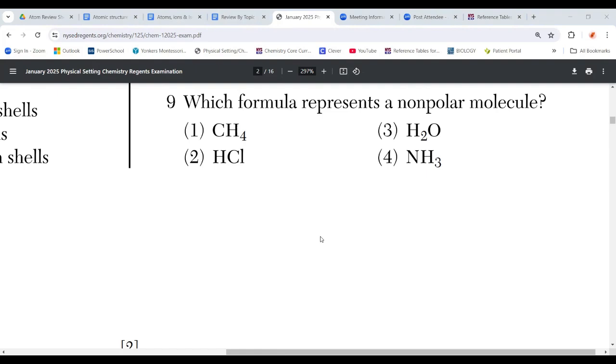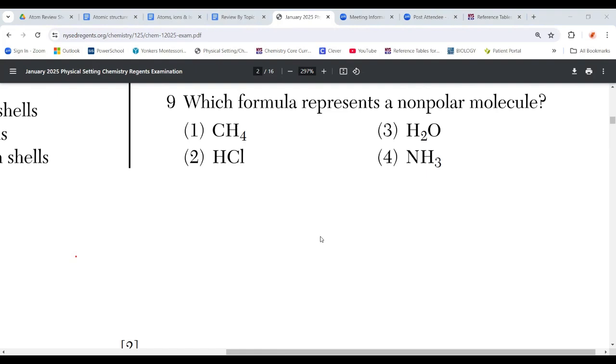One is a rough definition of polar and nonpolar, and the other one is a list. You should memorize a list of which molecules they're going to bring up that are polar and nonpolar. I believe those lists are actually in my slideshows, so I'm going to link the slideshow rather than go over the whole list.